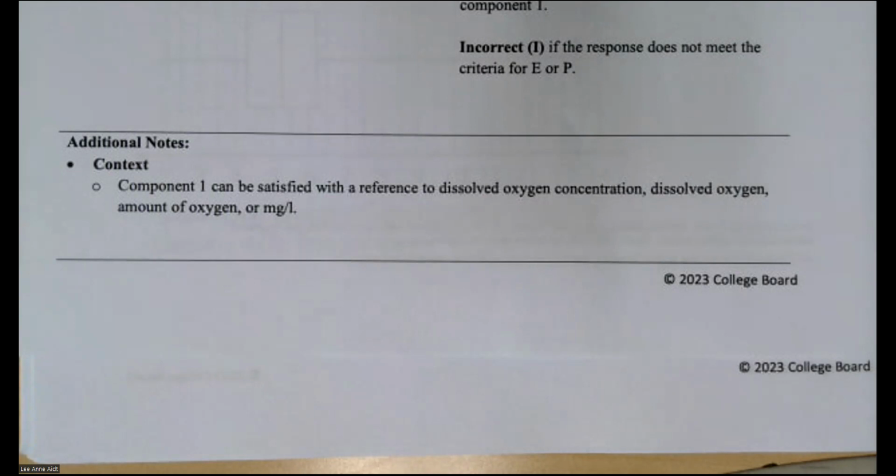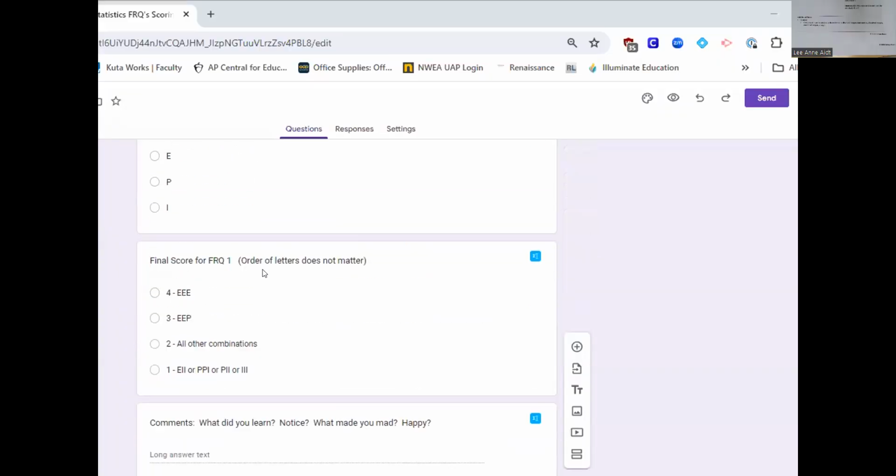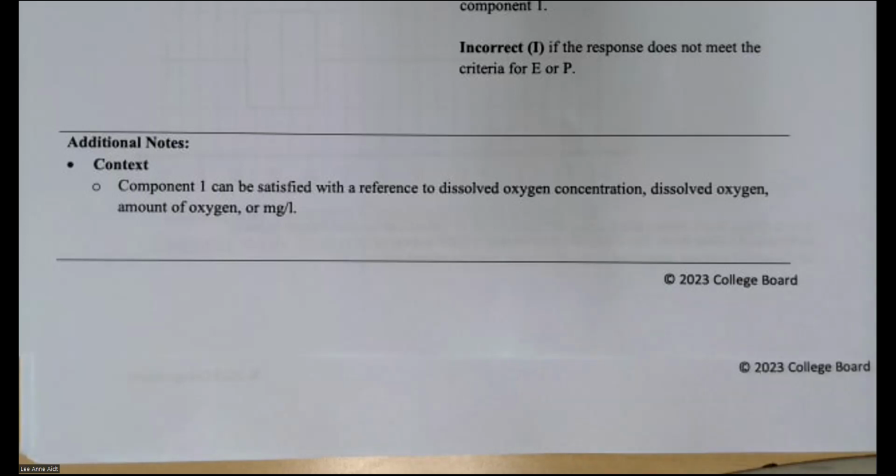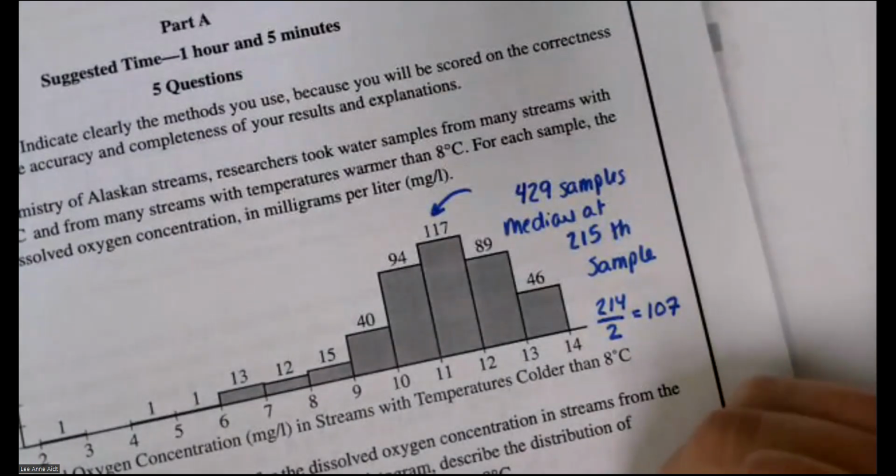Okay, now what you do is you go here and you score yourself right there. FRQ part A, click whichever one of the three you got. Does that make sense? And also, if I were you, I would come along here and put whatever score you got.